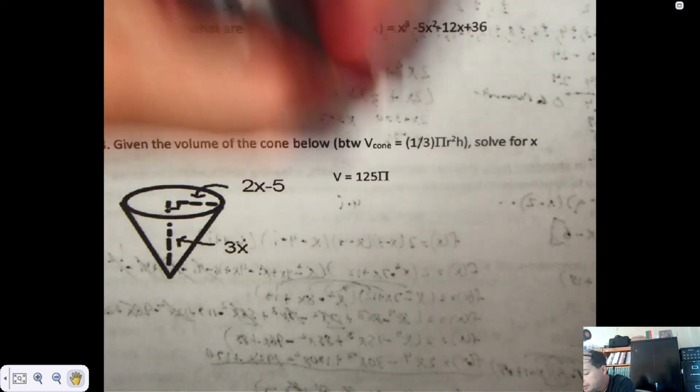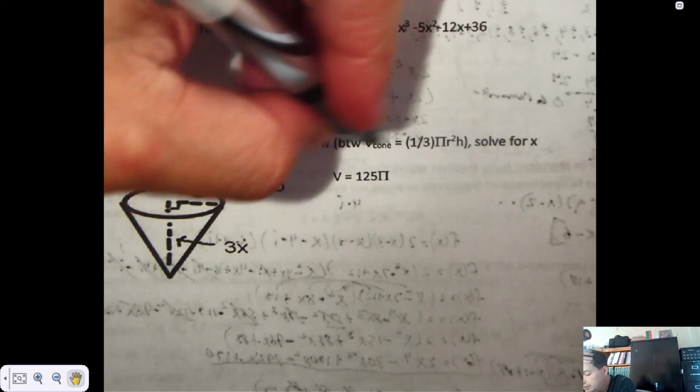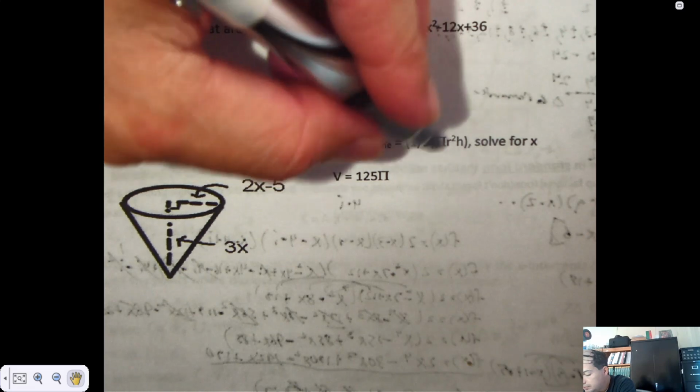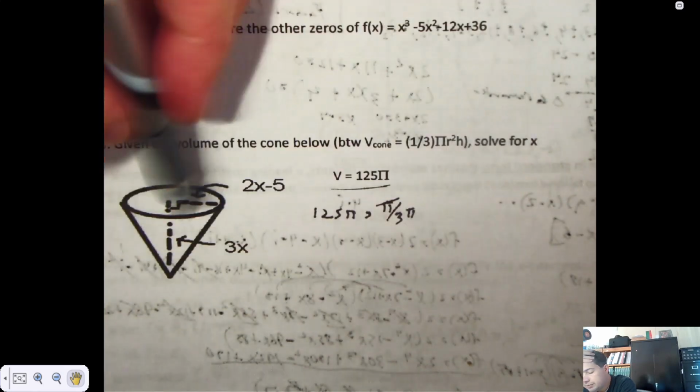The volume is known to be 125 pi. 125 pi equals 1/3 of pi times the radius, 2x minus 5, squared, times the height, 3x.